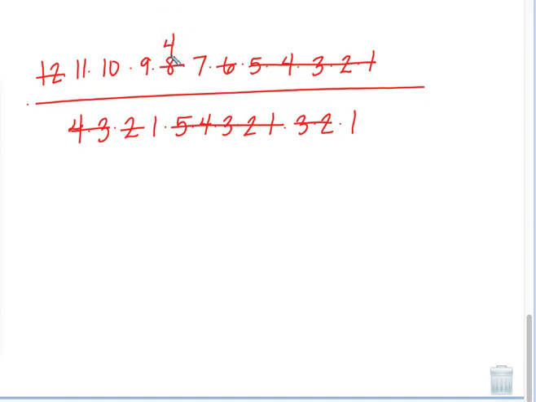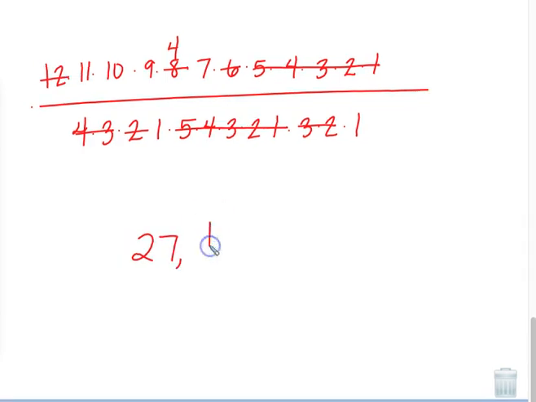Once you've cleared your denominator out to 1, you're just going to multiply your numerator. And that's going to give you 27,720 ways that these boats can finish if we only consider colors.